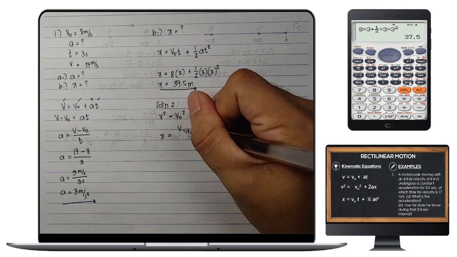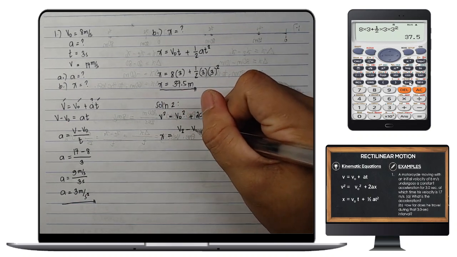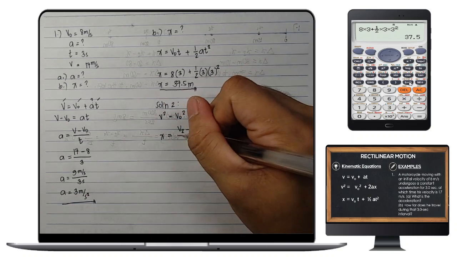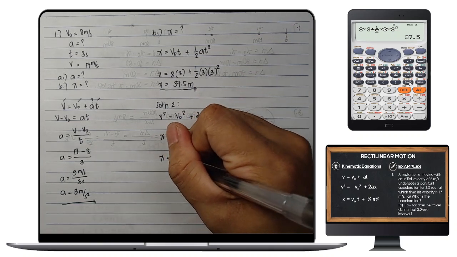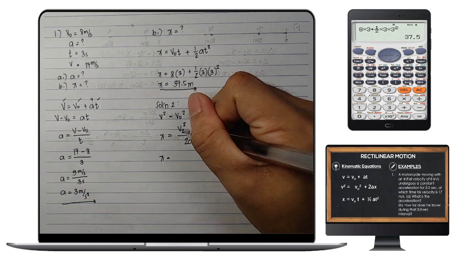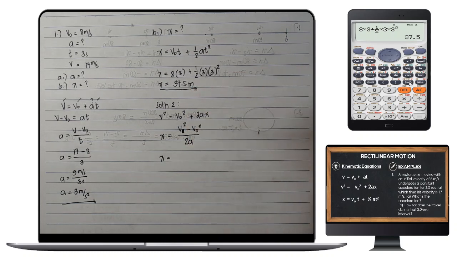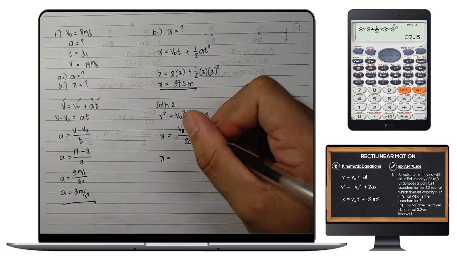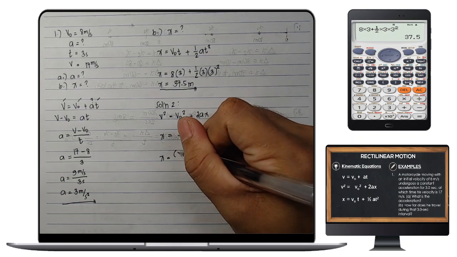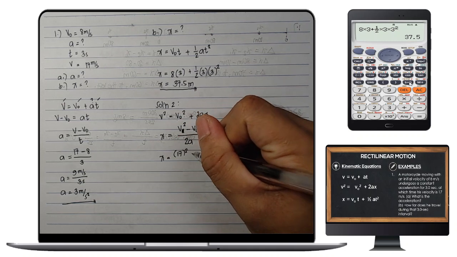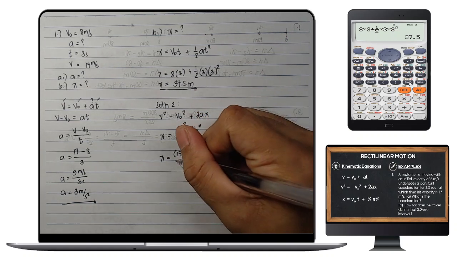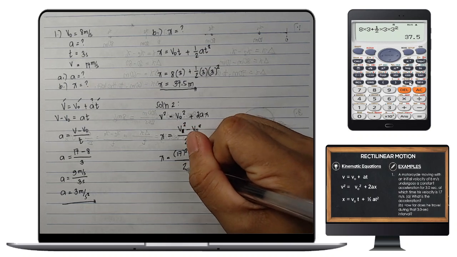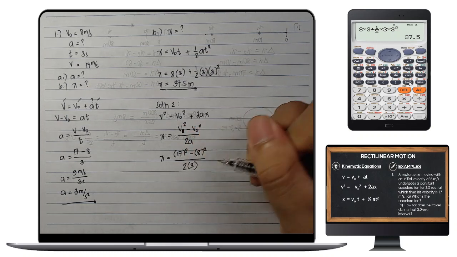X is equal to v square minus v0 square divided by 2a. So x is equal to v square minus v0 square divided by 2a. So final, that is 17 square minus initial, that is 8 square, divided by 2a, that is 2 times 3.